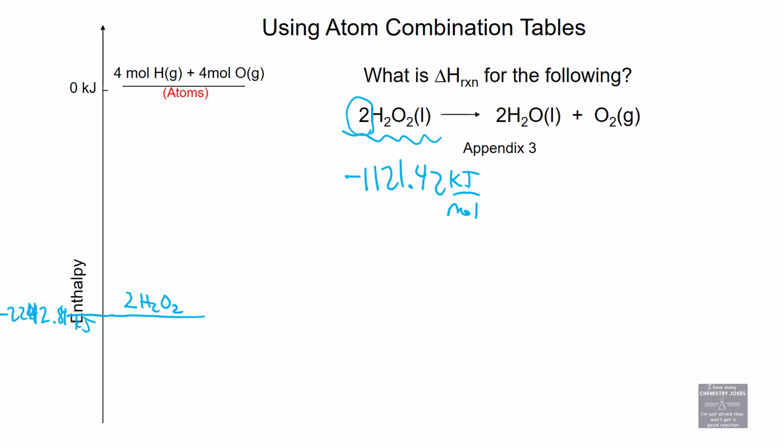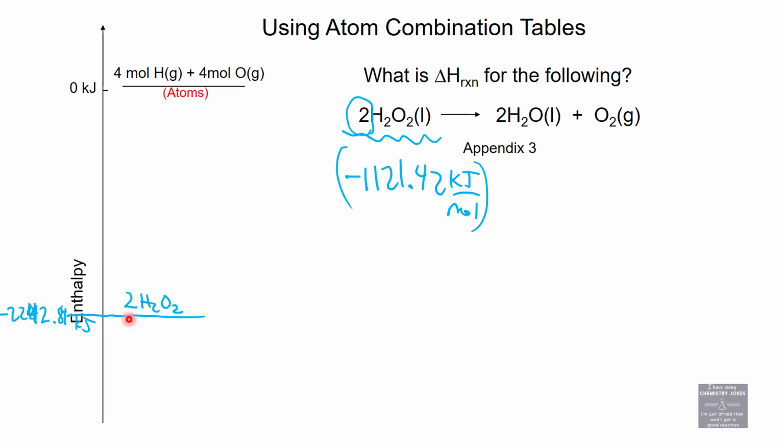So that's on my y-axis over there. And how did I get that? 2 times the number from the back of the book tells me the value of the y-axis where my reactants shelf should be.